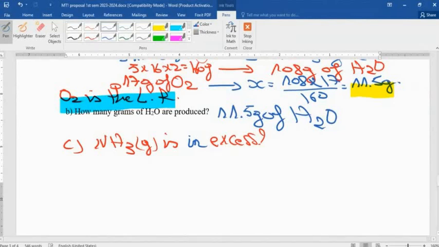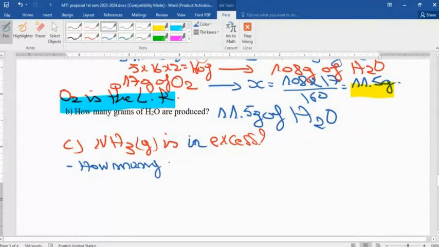So how many grams are left, or remained, after the reaction? To find it, first of all, I have to find how many grams of ammonia were used.